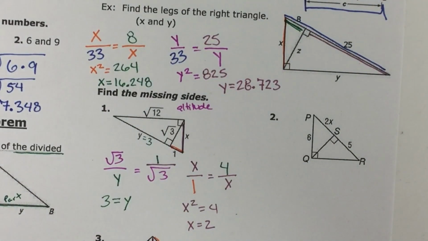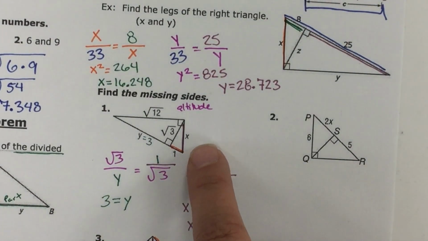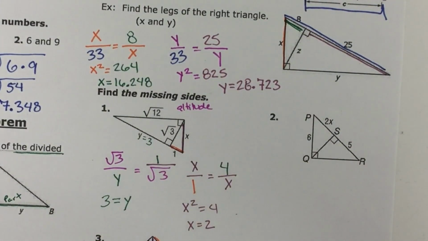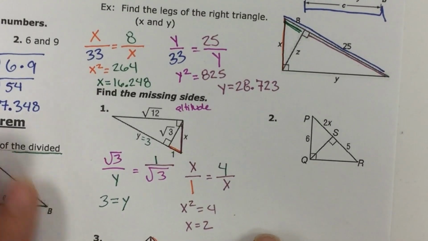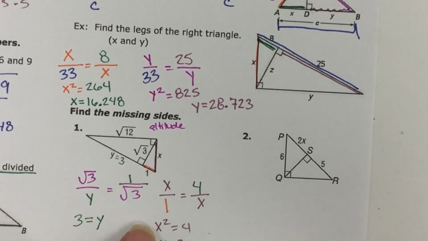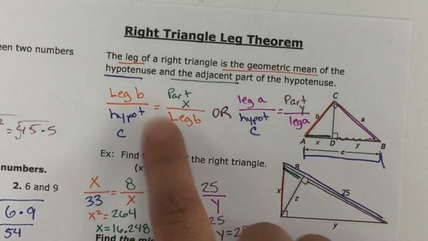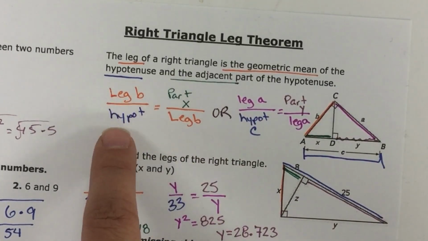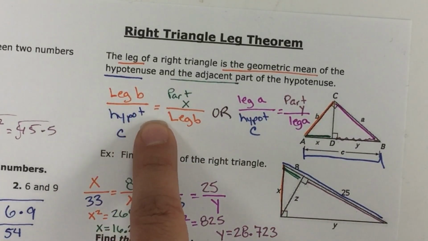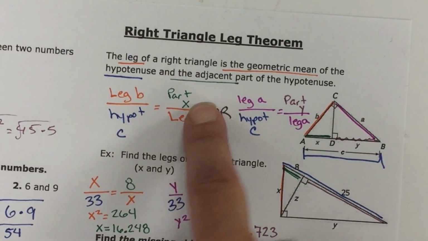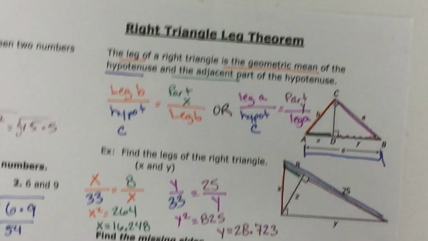Now I can go ahead and go back and find my value of x. This is going to be one of the legs, so I'm going to use the theorem from above, this one. I'm looking for my leg. I now know my whole length of the hypotenuse. I'm going to set it equal to the part over my leg.